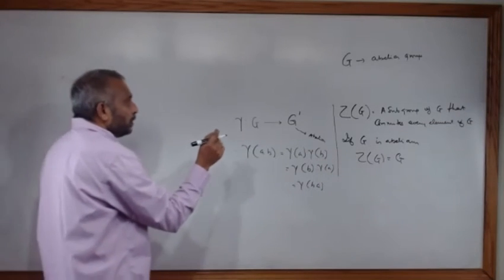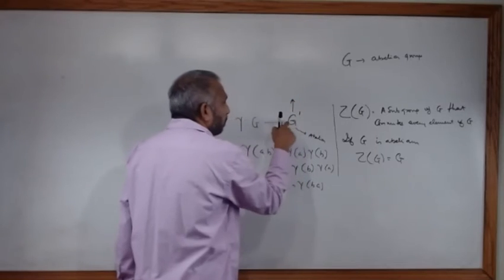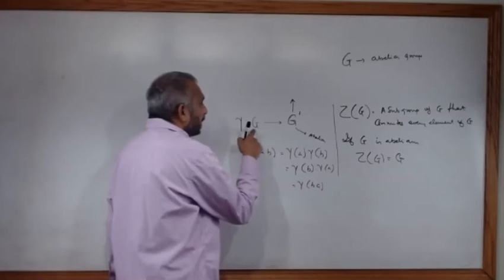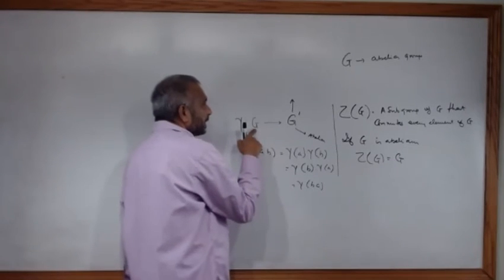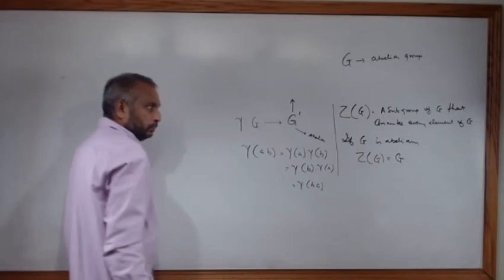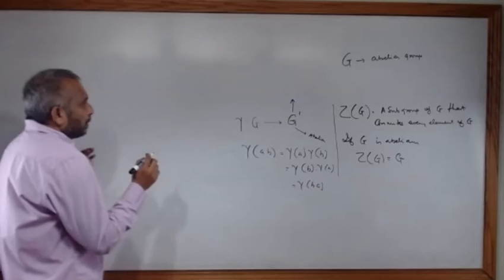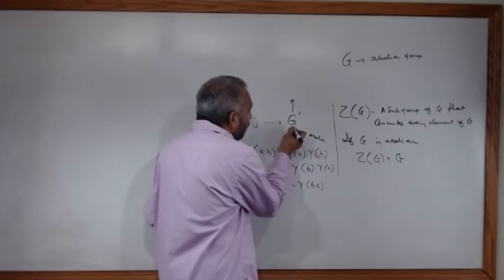The way we are going to do this is, this will be a factor group of G. Meaning, you are going to find a subgroup M of G such that G over M is abelian. Suppose you want to commute every element of G prime.